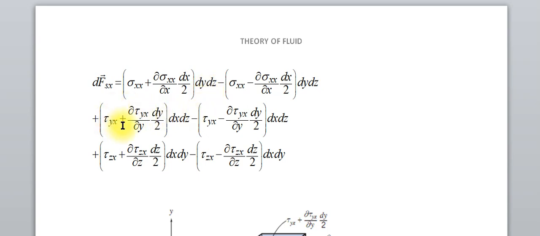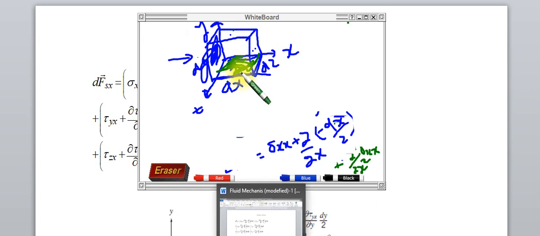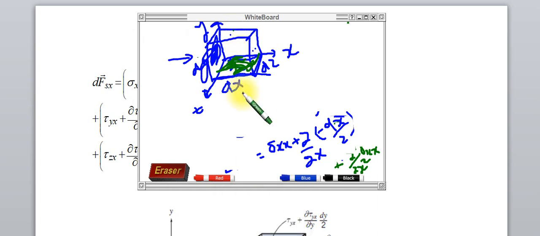And look at this one, dx dz, as I have shown, the y plane. This is the y plane in the x direction. So this cross section becomes dx and dz. So there is a positive y plane and a negative y plane.